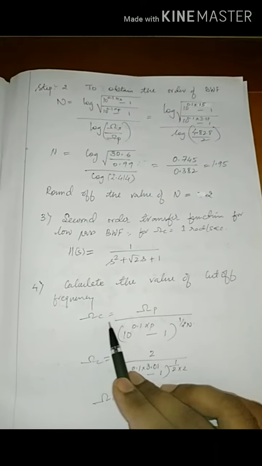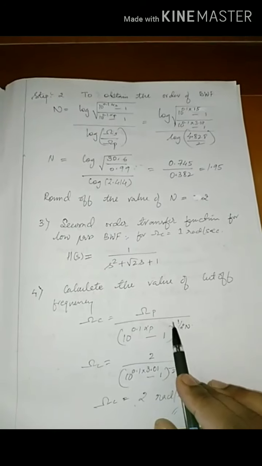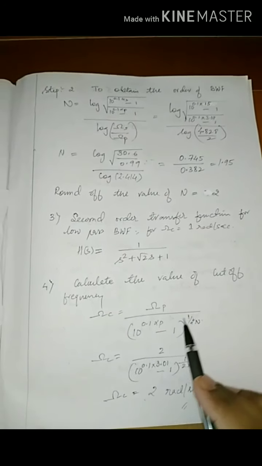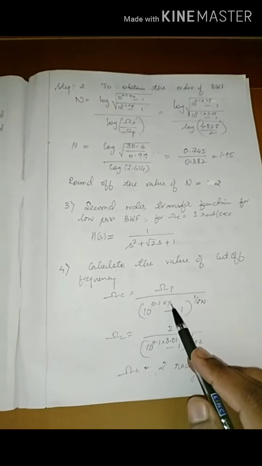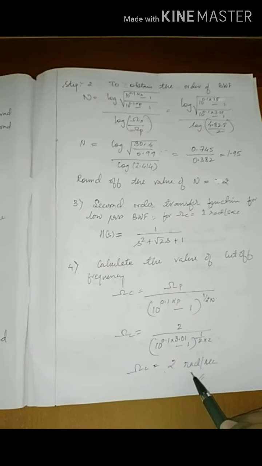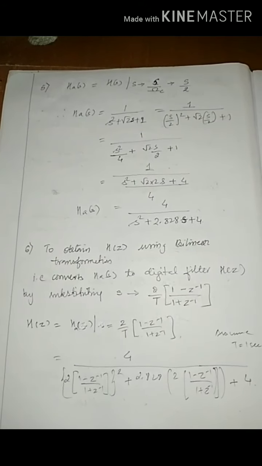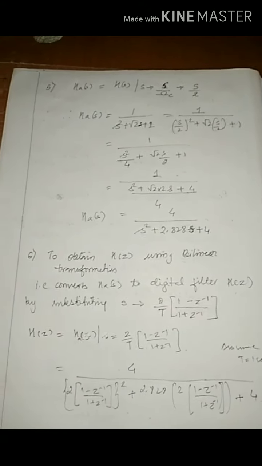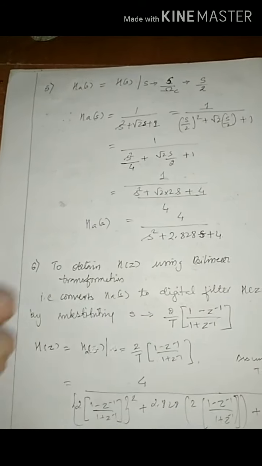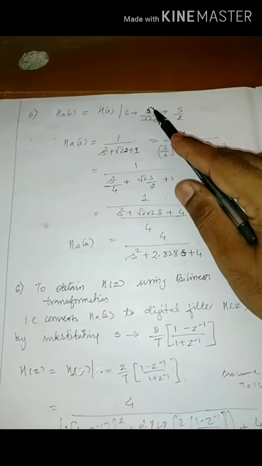Now we need to calculate the cutoff frequency value. So omega c is equal to omega p divided by 10 to the power 0.1 alpha p minus 1, to the power 1 by 2n. Substitute the values of omega p, alpha p and n. You get the answer as 2 radians per second for the cutoff frequency. Now in the transfer function H of s, you are going to replace s by s by omega c.